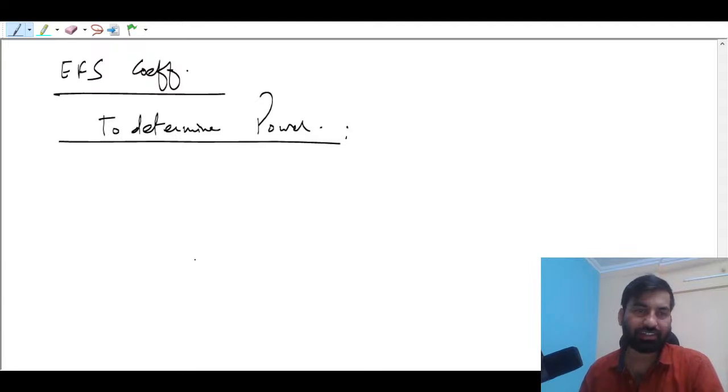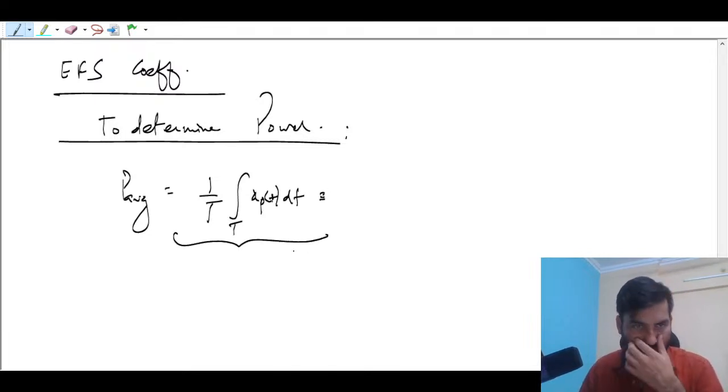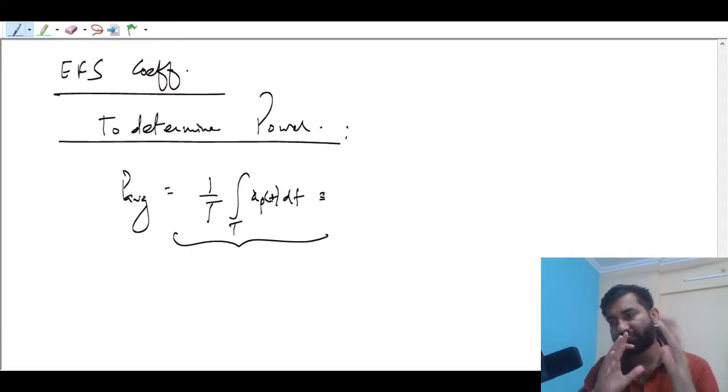What the Parseval relation says is that the average power is equal to 1 by T integral of x(t) squared dt. This is the power in the time domain, and the Parseval relation connects the power in the time domain as well as the frequency domain.